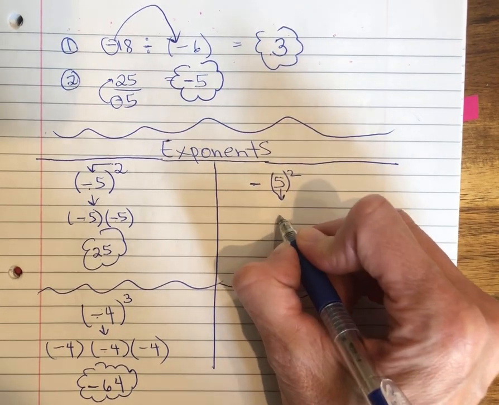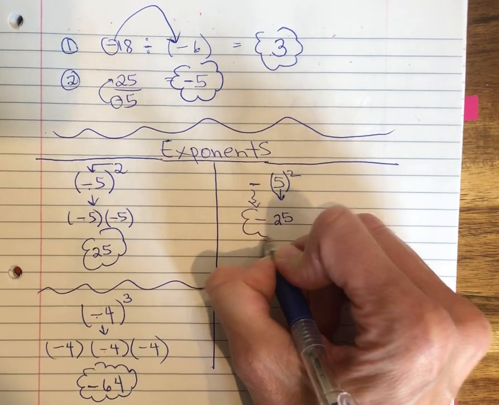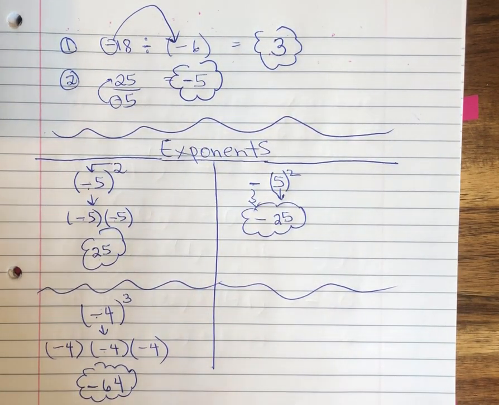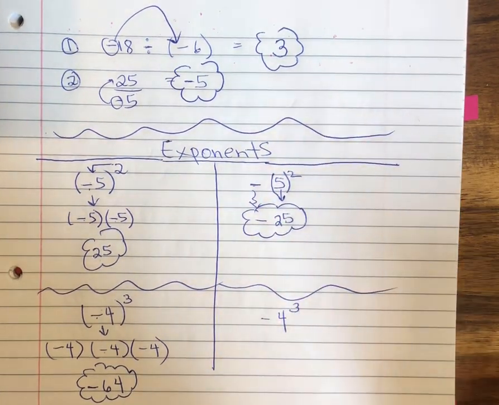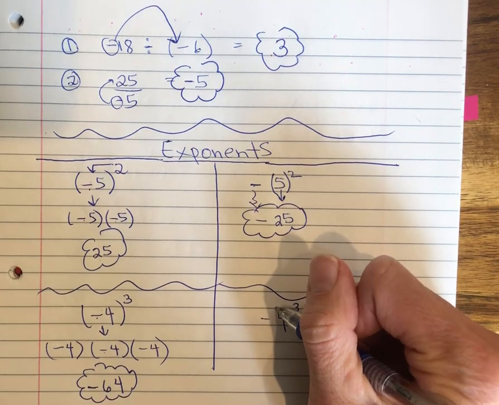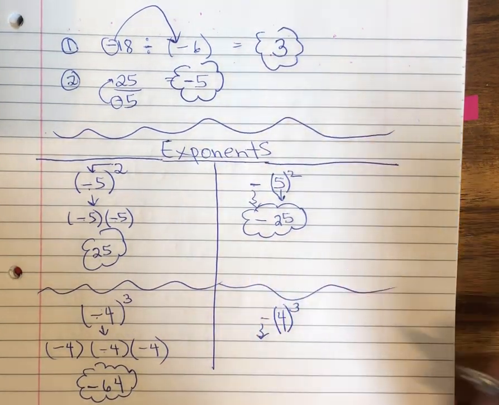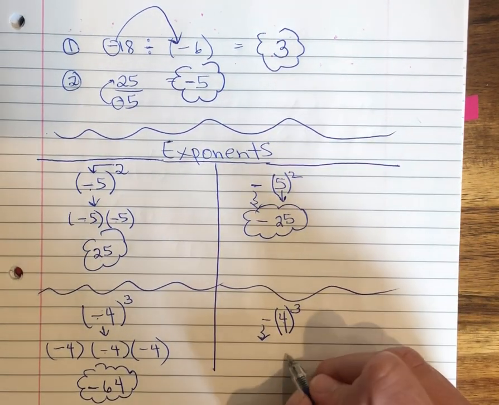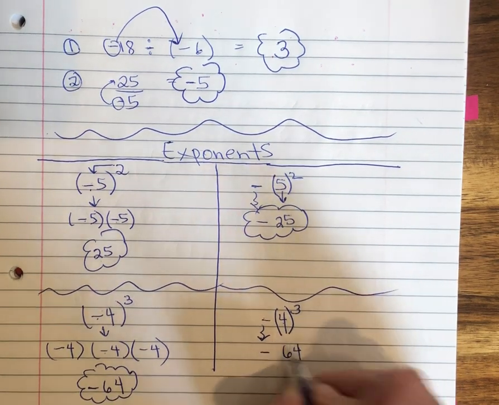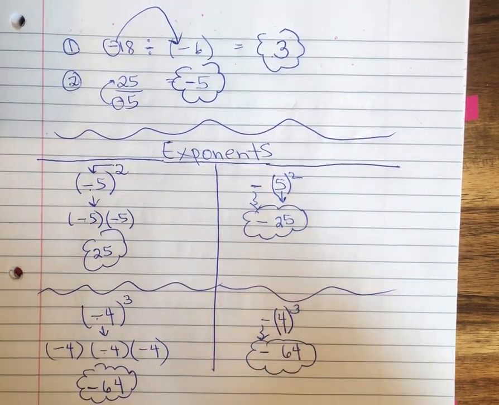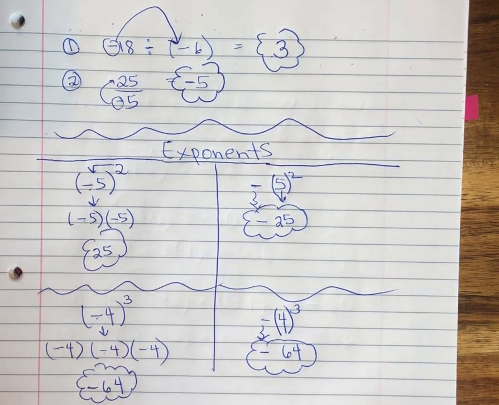Well, 5 squared is 25, and the opposite of that is negative 25. Let's try another one. Negative 4 to the third power. Again, we want just to cube the 4, and then we're going to take the opposite of that. 4 cubed is 64. The opposite of that is negative 64. So hopefully we can see how those two are different.